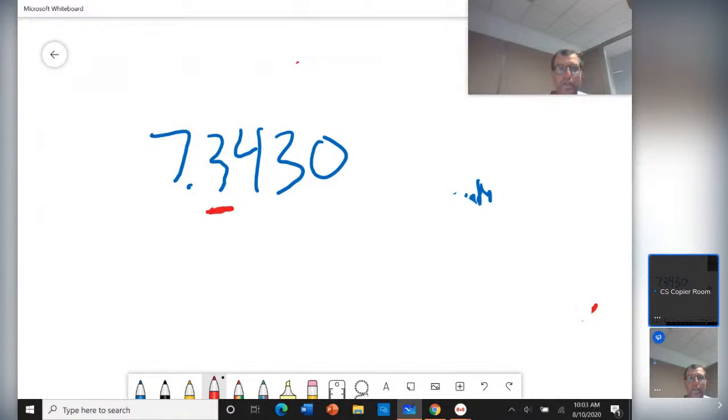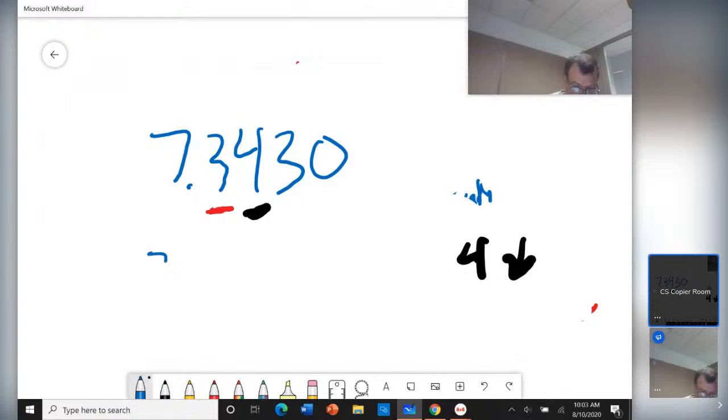But the number we're really going to focus on is the hundredth, the number to the right of it, which is this right here. The 4 is less than 5, so we're going to keep it the same. That 3 is not going to go up. If you rounded that to the nearest tenth, our answer would be 7.3.